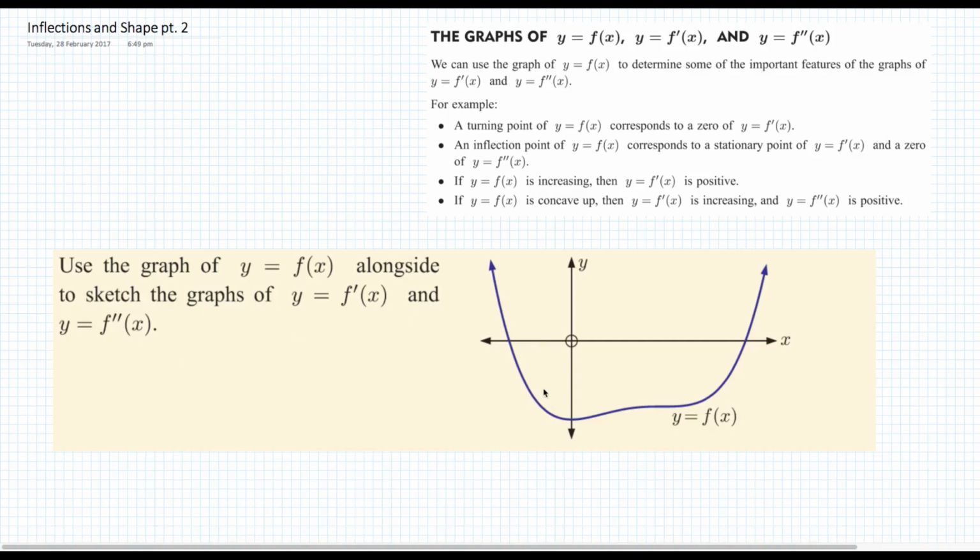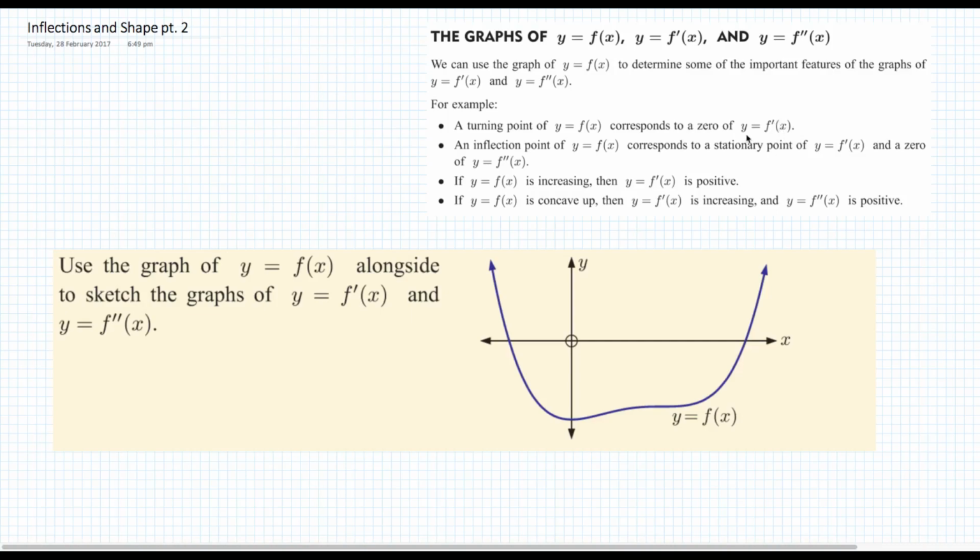So we've got some points in here that we're going to look at and see if we can work out what our first and second derivative graphs look like. So let's first of all talk through this, which will explain some of the process. For example, a turning point of our function f of x corresponds to a 0 of our first derivative.